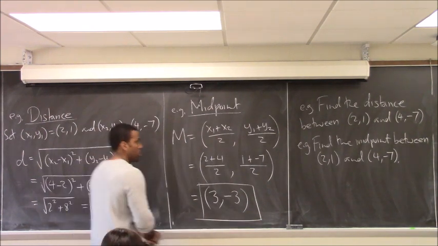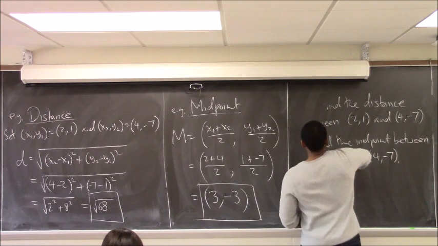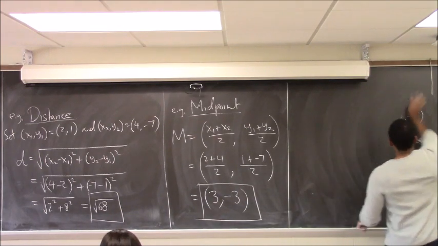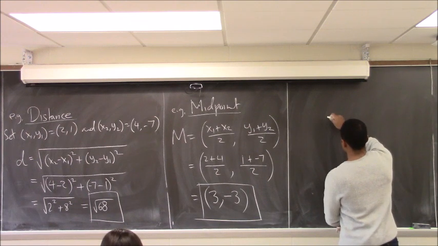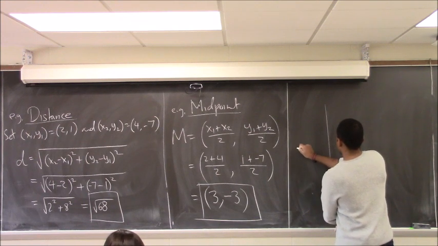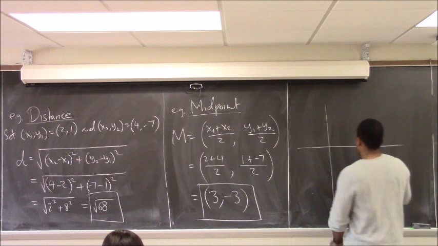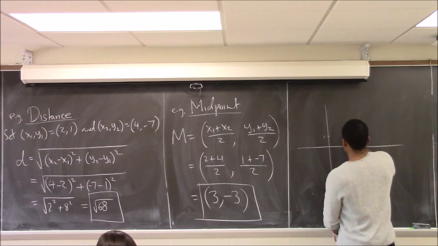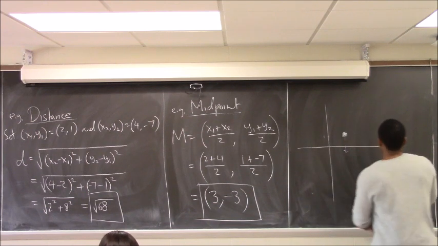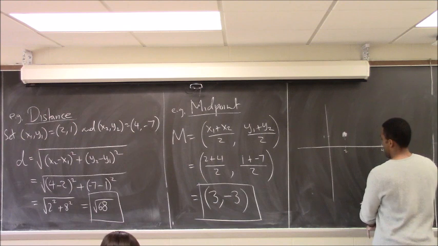So, basically what we've just discovered, we're at the points 2, 1. And we have the points 4, -7.